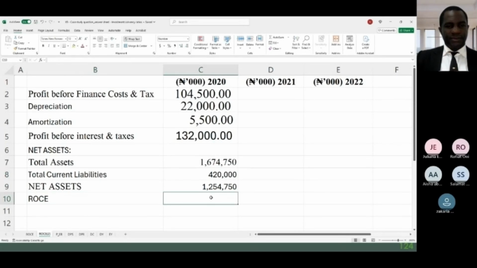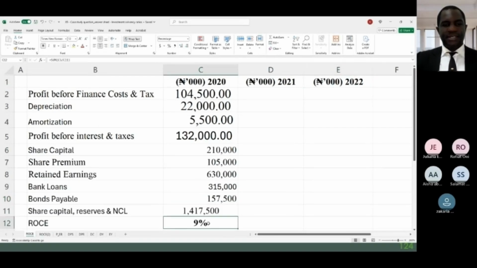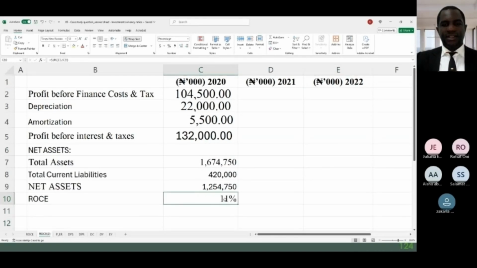So we have our profit before interest and taxes divided by our net assets, and we have a total of 11%. So the variation between these is 9% and 11%. The variation is just 2%, it's not much, which is our return on capital employed.